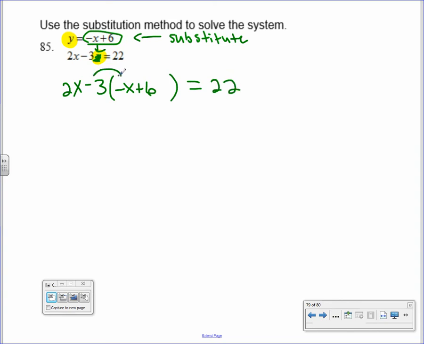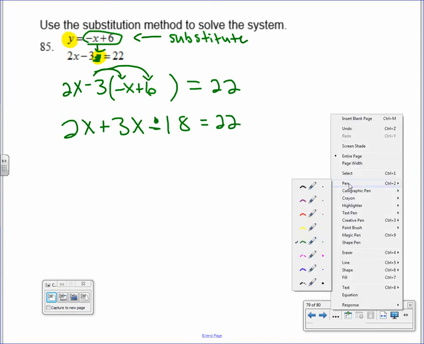Now let me distribute this negative 3 inside parentheses, because we know parentheses means to distribute. So we get 2x, negative 3 times negative 1x is a positive 3x. Negative 3 times positive 6 is a negative 18. And that's equal to 22.